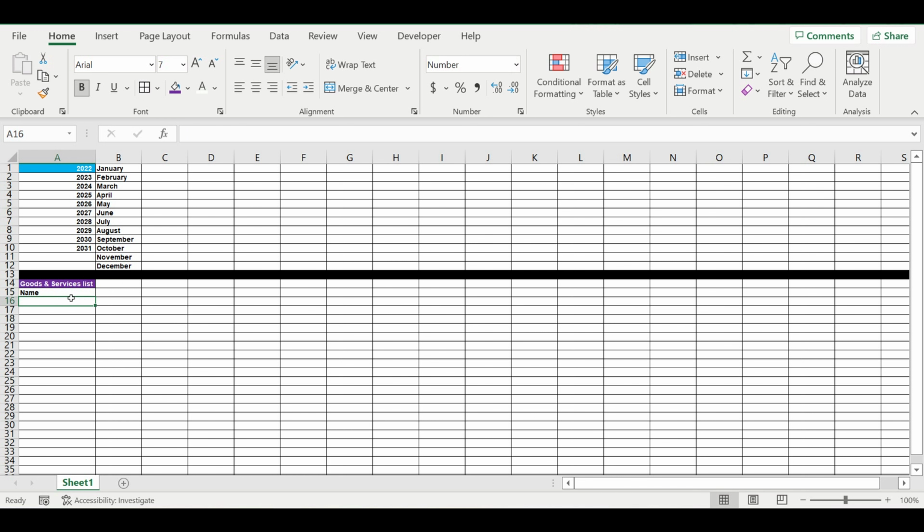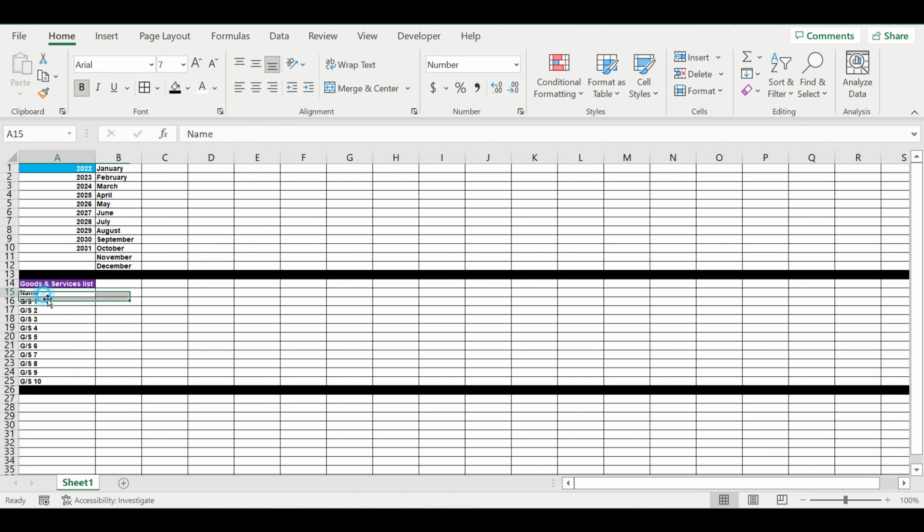So let's say good or service 1. Let's say we will have 10 goods or services. This is the input, so we are marking these cells with blue because blue is the unique color for all our inputs, like this.